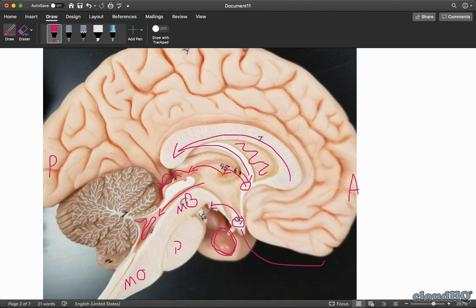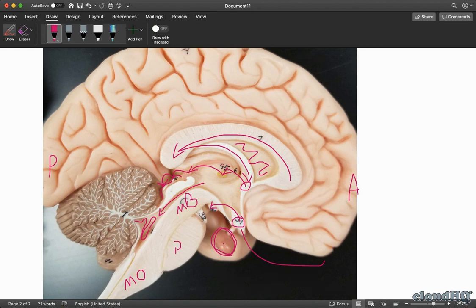We have arbor vitae going throughout the cerebellum. On the inferior portion of the brain, we have the optic chiasm into the mammillary body. And then, of course, we have the pituitary gland on the external portion of the brain.